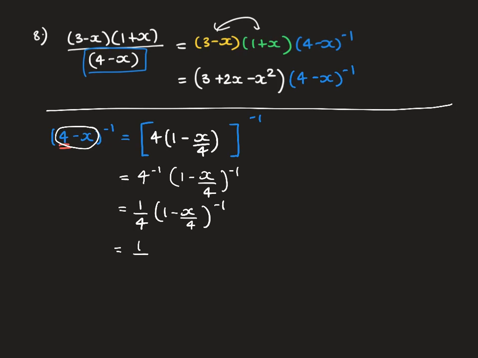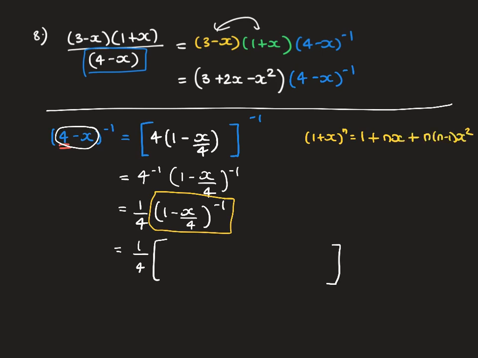I'll leave my factor of a quarter in there, and now expand 1 minus x over 4 to the power of negative 1 using my binomial expansion here. I only need to go up to the quadratic term because that's as far as the question wants us to go.